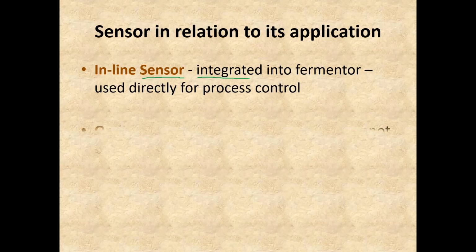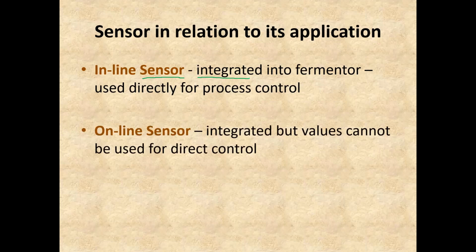The next is the online sensor. Now, what do you mean by an online sensor? An online sensor is also integrated into the fermenter. So you would say this one is similar to inline. No, it is integrated into the fermenter like an inline sensor, but the values cannot be used directly for control.